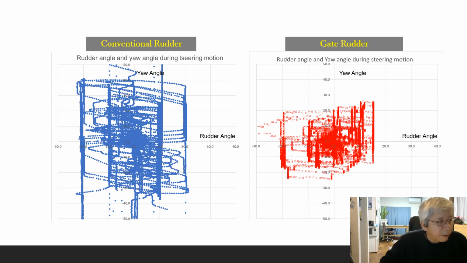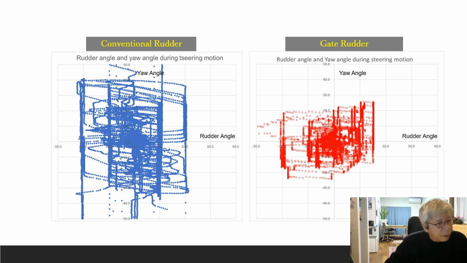Lastly, we are showing an interesting result. When we conducted the zigzag test and circle test, we measured the rudder angle. We investigated the relationship between rudder angle and yaw angle. Yaw is the difference between heading and ship course. So this is interesting. Our Gate Rudder shows a very small yaw angle, as I mentioned in the zigzag test case.